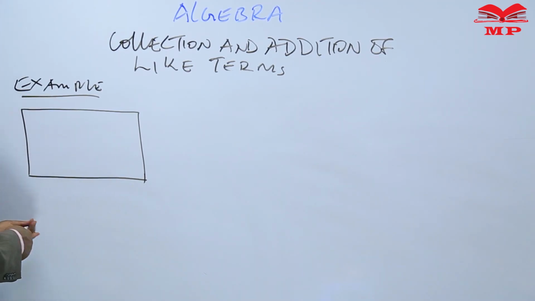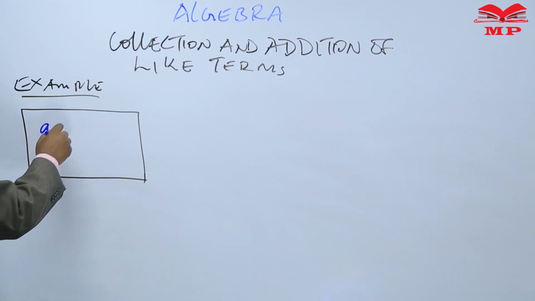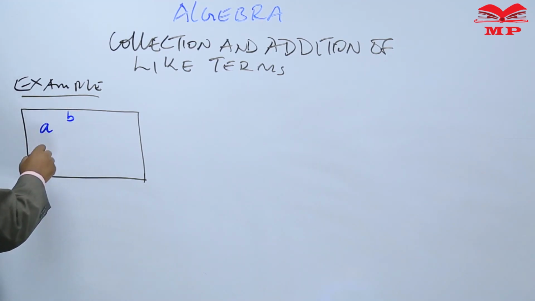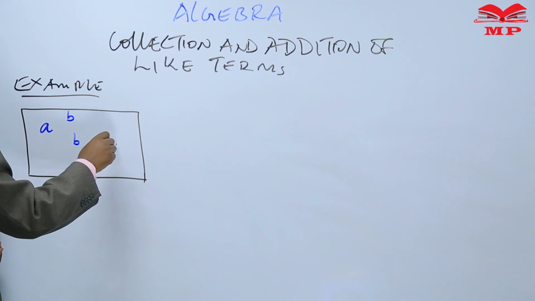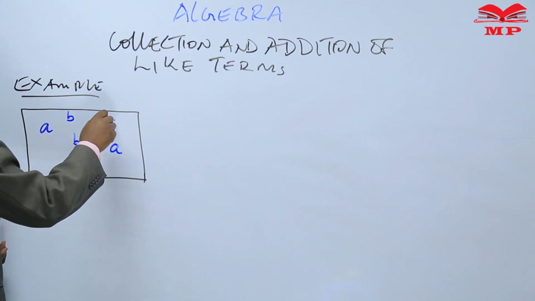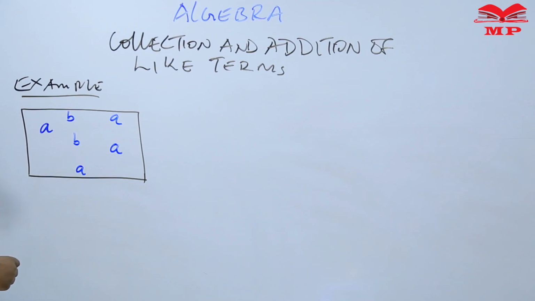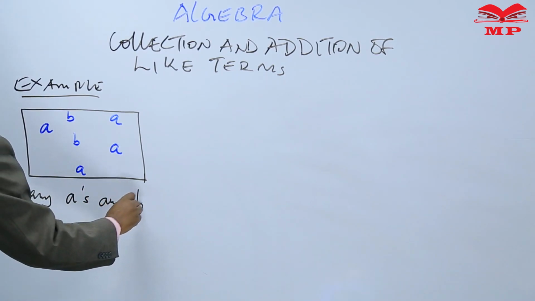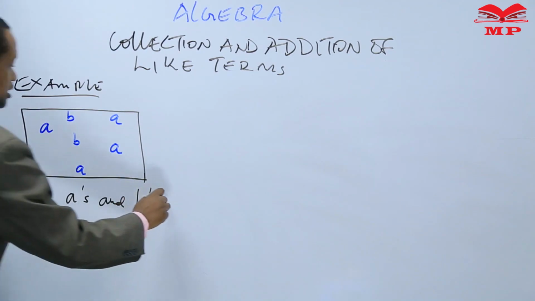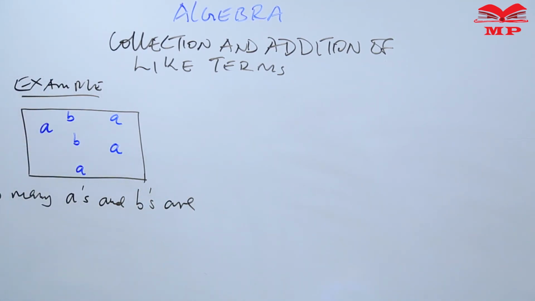Then I write inside this box A, B, A, B, A, A. Then there is the question: how many A's and B's are there in the box?